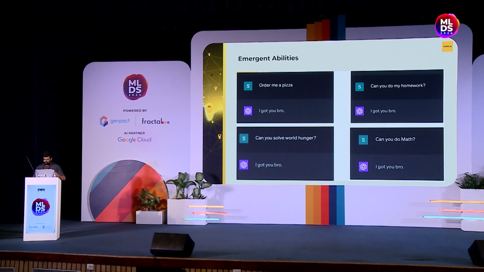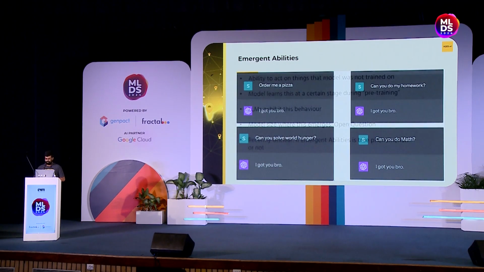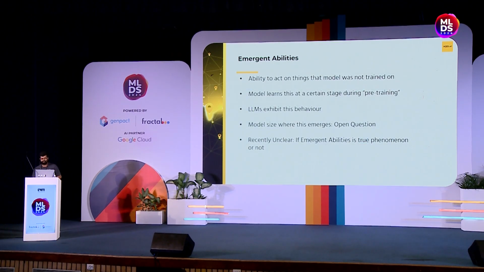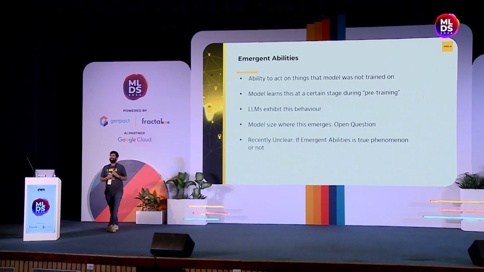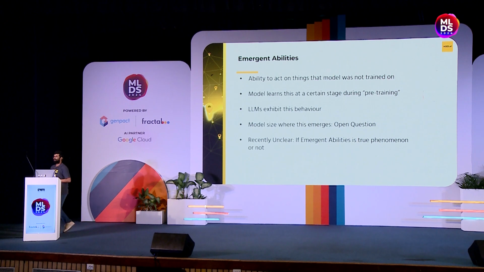All of this has been the main promise of the Gen AI boom, which is the fact that these models can now properly act as AI engines, properly act as logical engines that can solve different use cases.